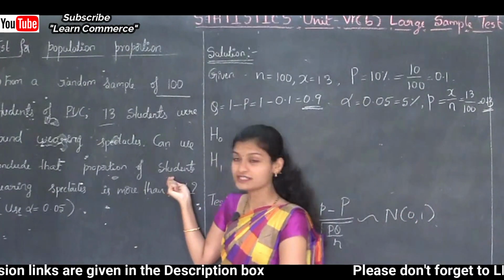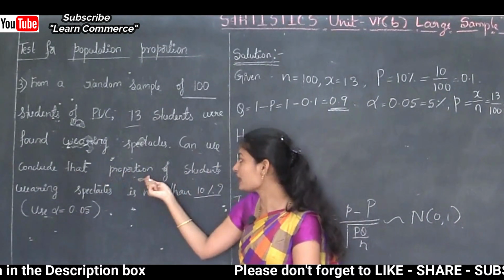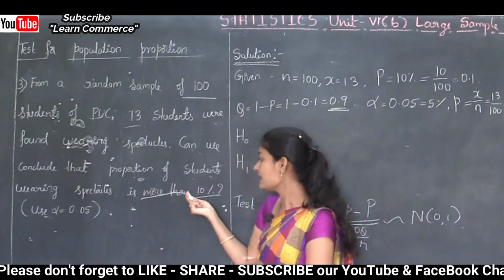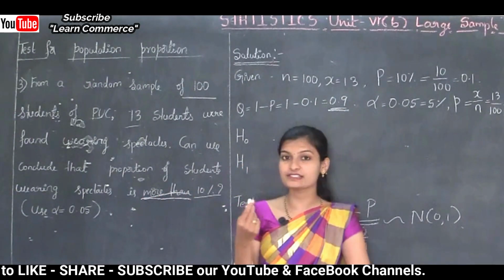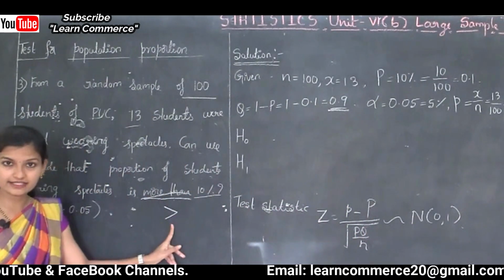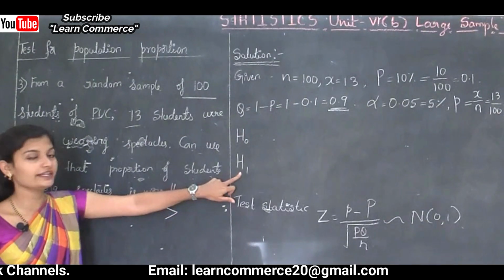See the question: can we conclude that the proportion of students wearing spectacles is more than 10%? More than 10% means the sign is greater than. If it is greater than type, then it is the alternative hypothesis.